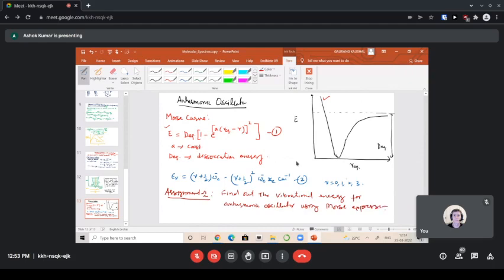This is an assignment for you. You have to submit this assignment. You know that there is some component of assignment in this course. So that assignment you have to solve, and you have to find out this energy in equation number 2.